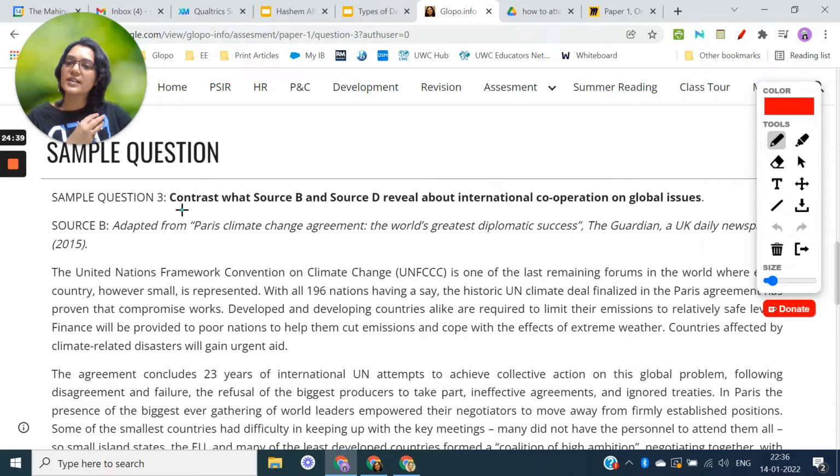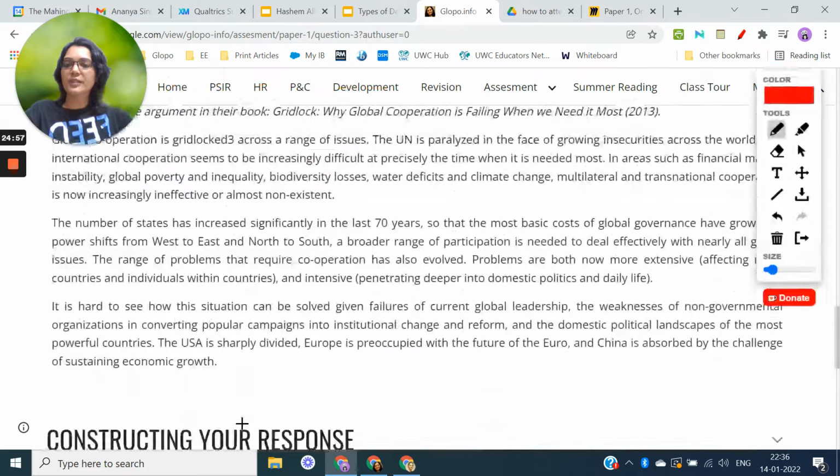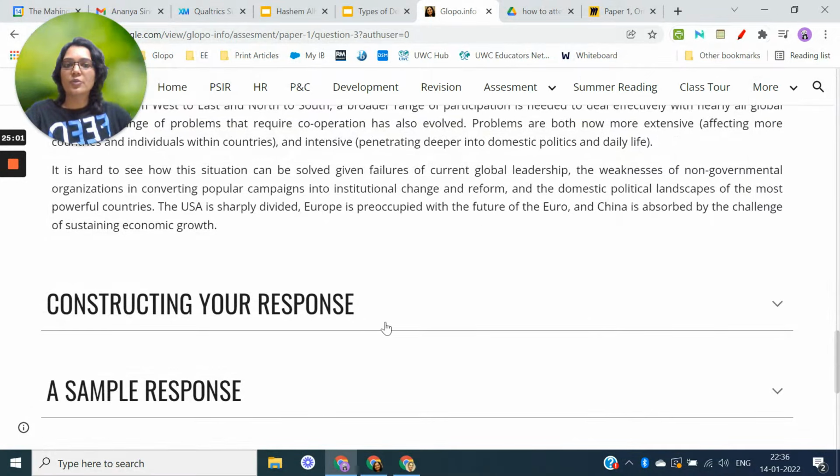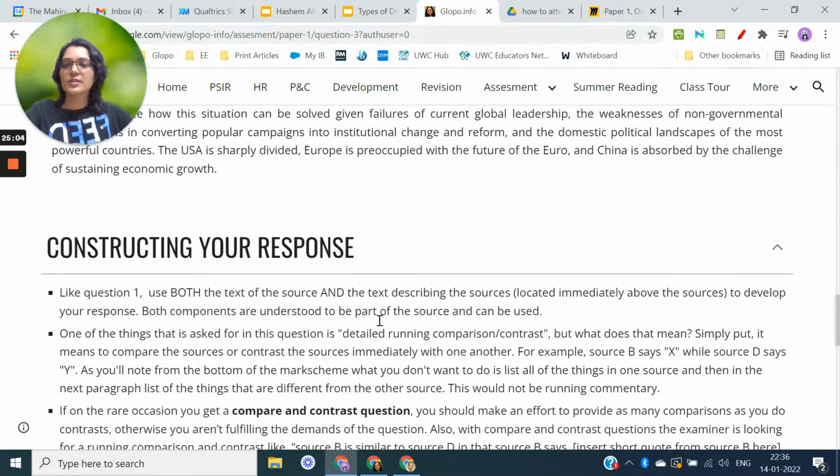The question asks: contrast what source B and source D reveal about international cooperation on global issues. So that means you need to talk only about differences between source B and source D, right? So these are the paragraphs which are given. Now let's move further. How to construct your response.